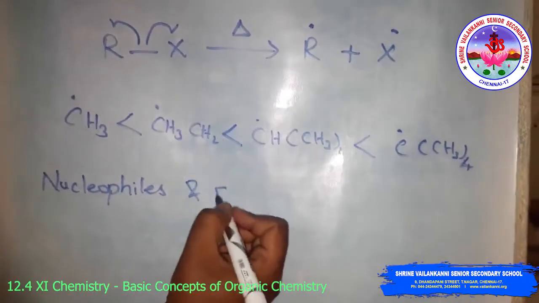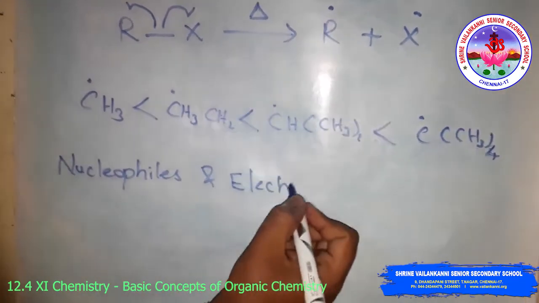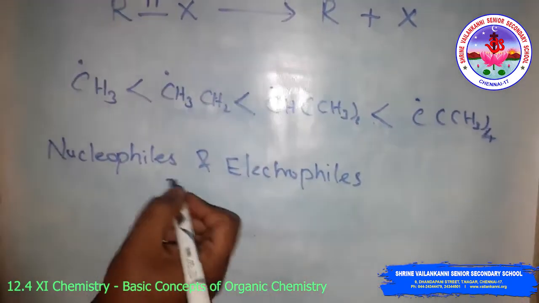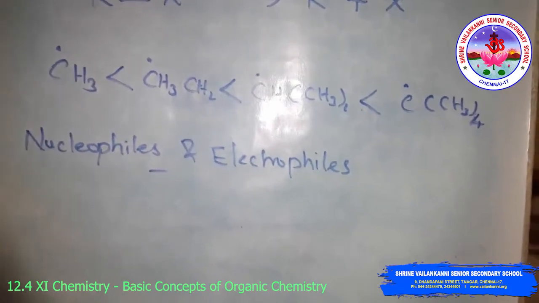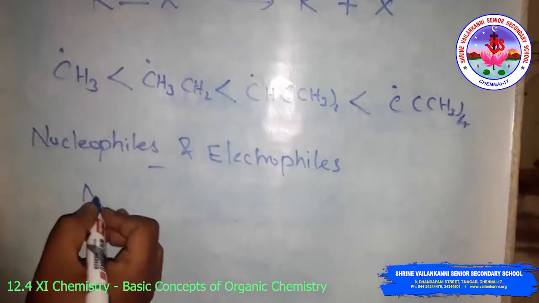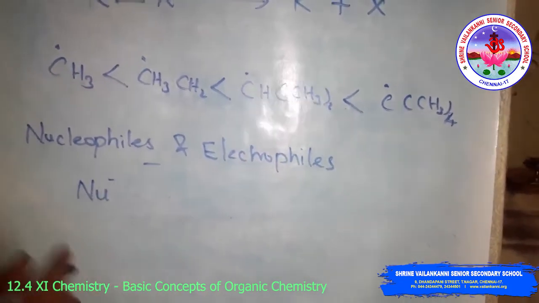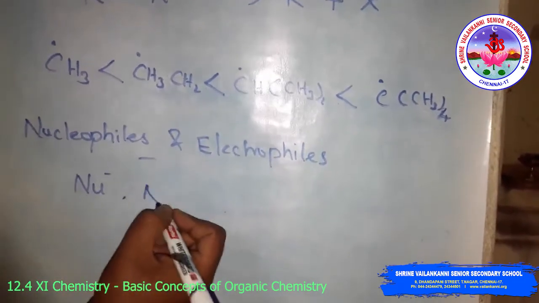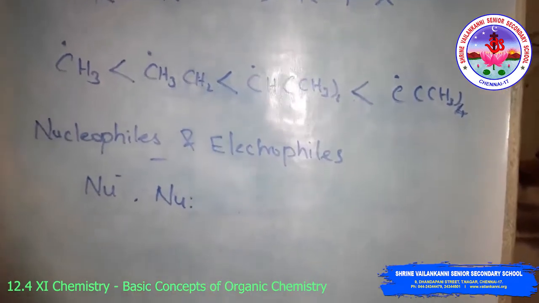Nucleophiles and electrophiles. So what is a nucleophile? Simply, we can represent a nucleophile as Nu minus, or sometimes Nu like this.